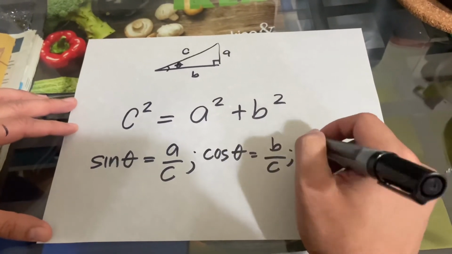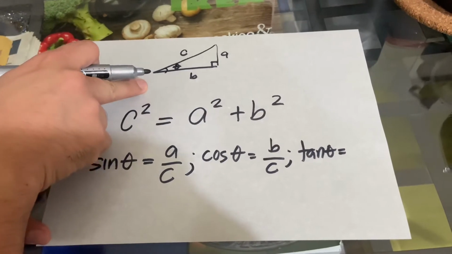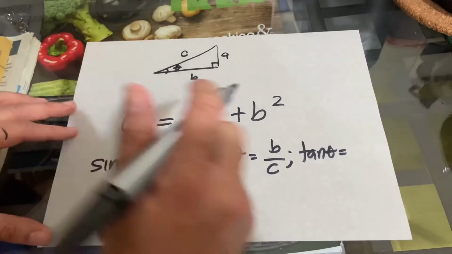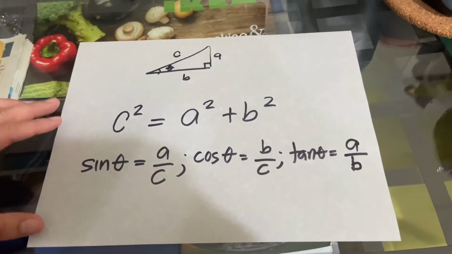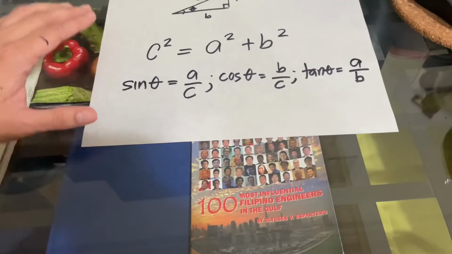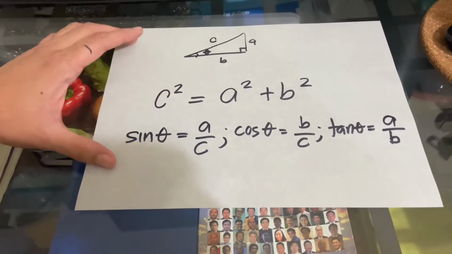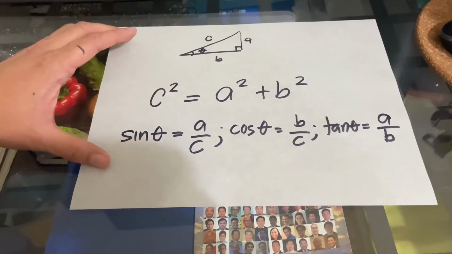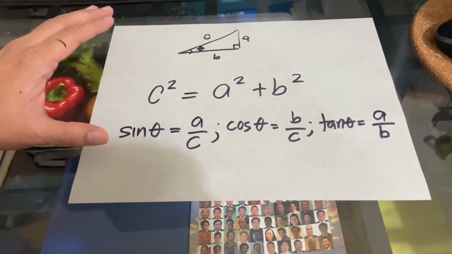And then we have also tangent of our reference angle. We have TOA, opposite over adjacent, which is a over b. So now, using this basic knowledge, we can derive as many trigonometric identities as we can.